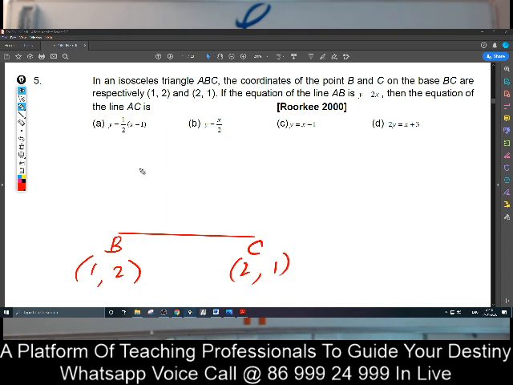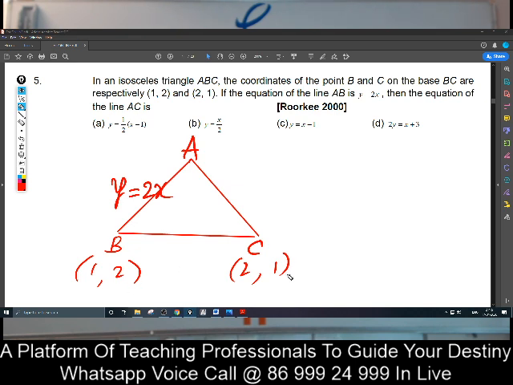And the equation of AB is given. This is A. This is AC, that is AB, this is AC. Equation of AB is given to me, y is equal to 2x. We need the equation of AC now.